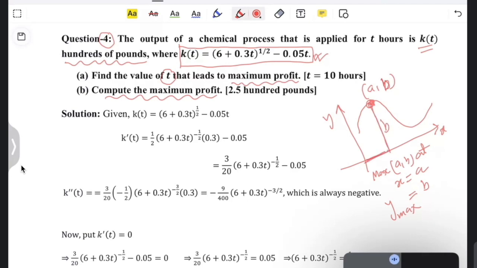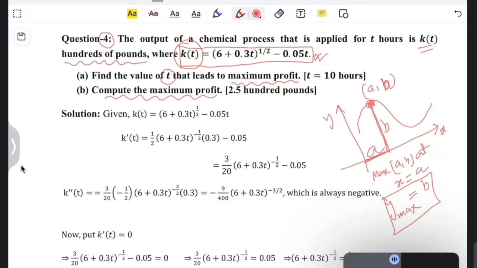This is a and this is b, so the maximum value of y is b. So in this problem, if you know a maximum point, then since the function is k, the k coordinate of the maximum point will be the maximum profit.